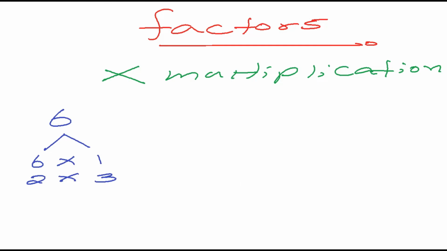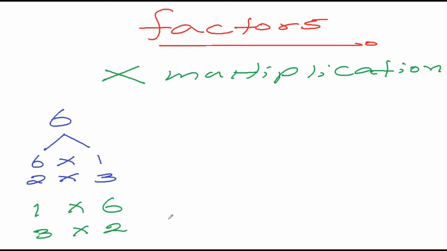Yes. Someone can say, what about 1 into 6? No problem, it will create the number 6. But this is the same thing as the first one. 6 into 1 is exactly the same as 1 into 6. There's no point in writing 1 into 6.